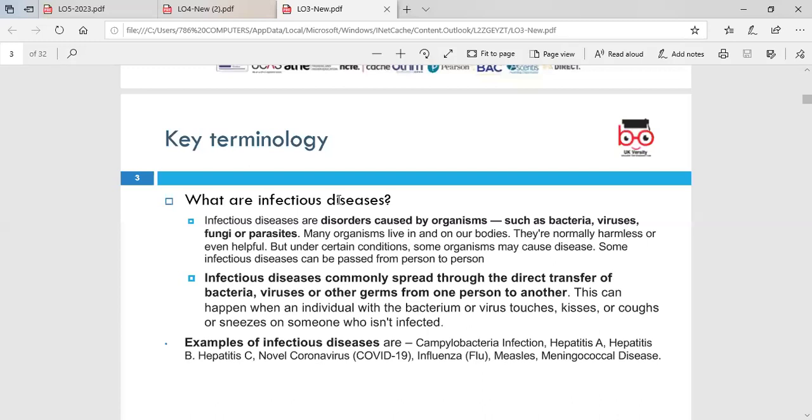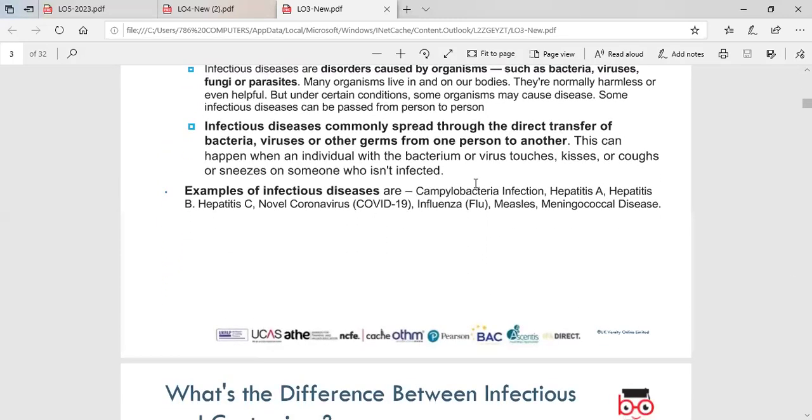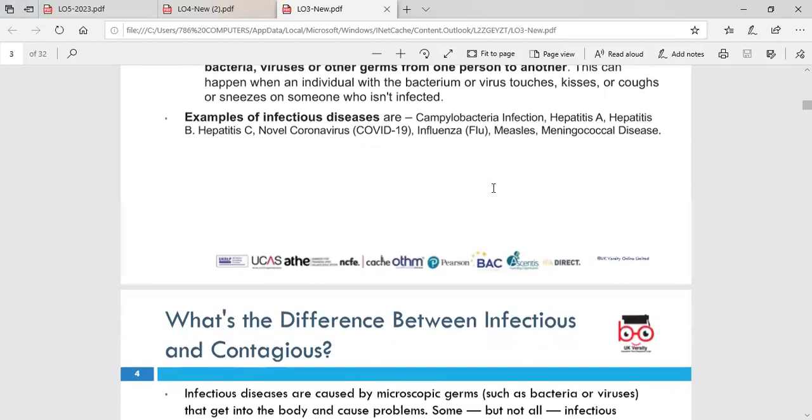You can get flu by being close to someone, by kissing someone, or someone might cough or sneeze in that area, and then the person who has not contracted the infection may develop it. Infectious diseases include Campylobacter, hepatitis A, B, C, D, E, COVID-19, influenza, measles, meningococcal diseases. Different organisms are responsible for these infectious diseases.